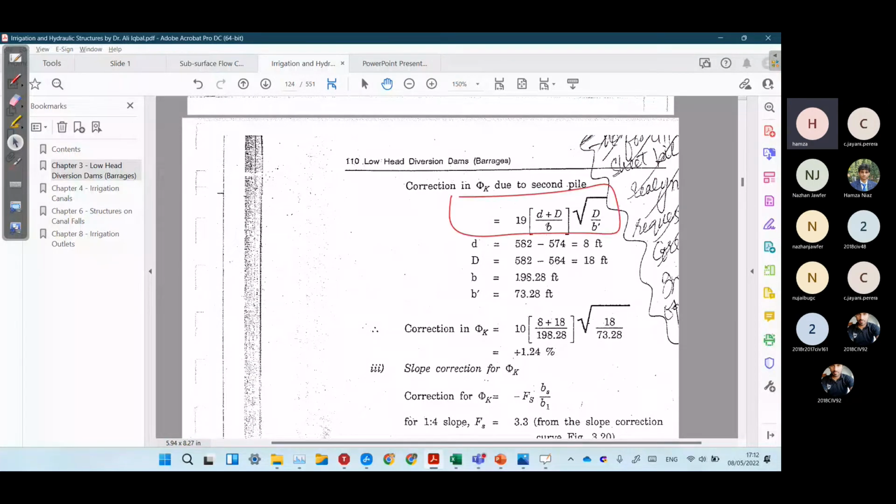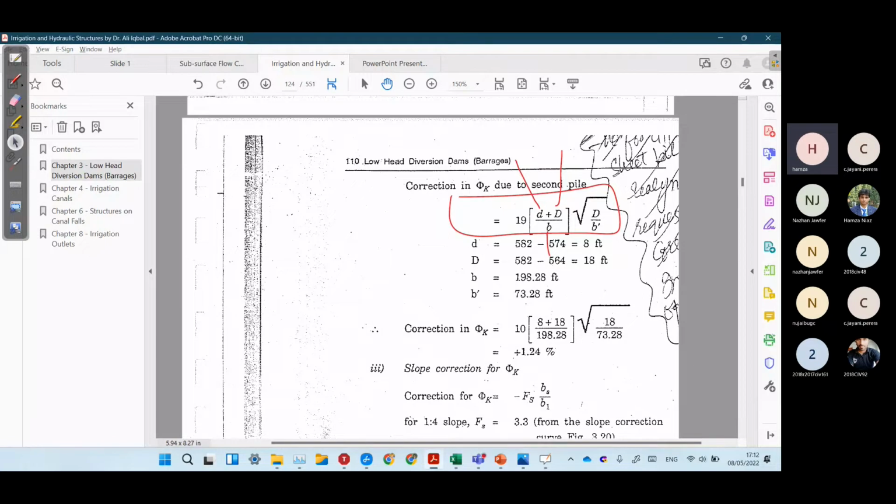In this formula, small d is the upstream sheet pile length. The capital D is the downstream sheet pile length. B is again the thickness of floor, 198.28. D is again the downstream sheet pile length. B dash is the thickness of floor before the sheet pile.